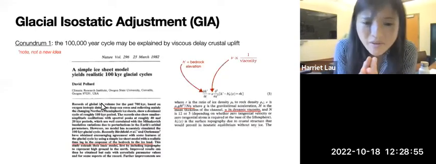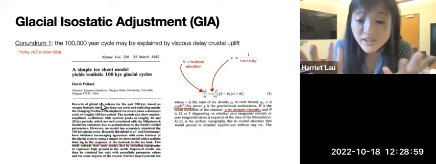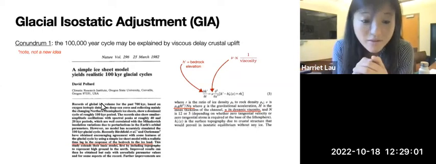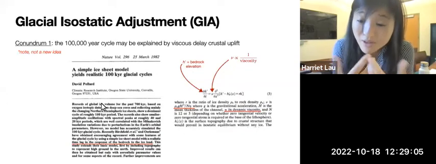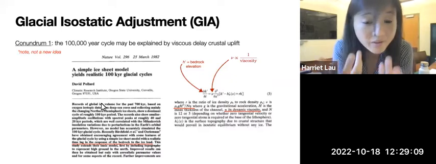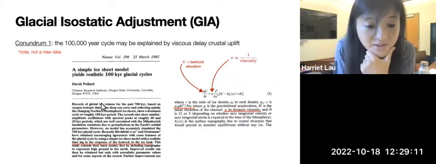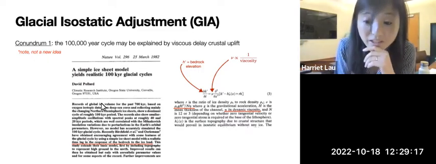And I just want to note that this idea isn't new. Abe-Ouchi really brought in all the systems and looked at this in a really state-of-the-art manner. The idea of bedrock elevation has been around since the classic glaciologists from the 70s and 80s, including Oerlemans. And here, this is a study from Pollard, which basically showed very similar results to Abe-Ouchi, though with a much simpler ice sheet model.